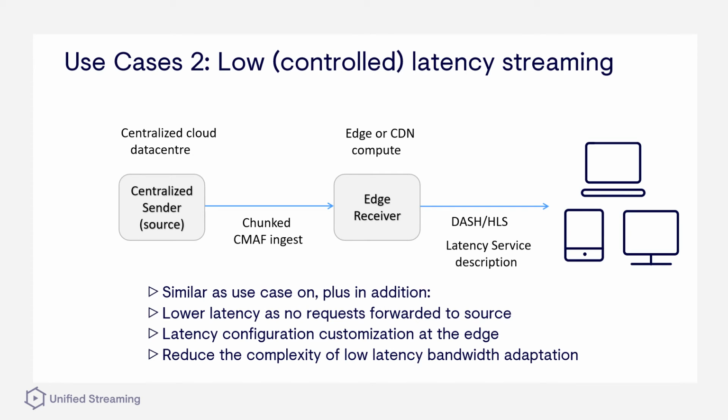For example, in low latency DASH, there is an element called service description where you can signal to a client what the latency should be. We also reduce potential request forwarding from the CDN to the centralized cloud in this architecture. So clients will always get their segments as they are available. This can help rate adaptation algorithms function properly, as all segments are served over the same distance.